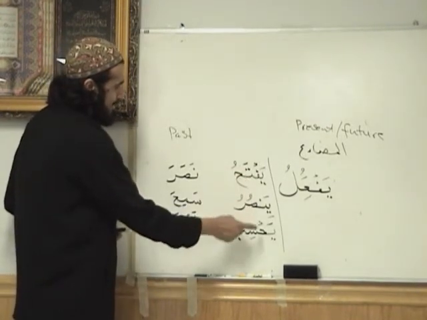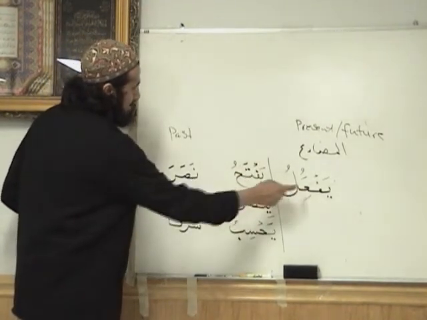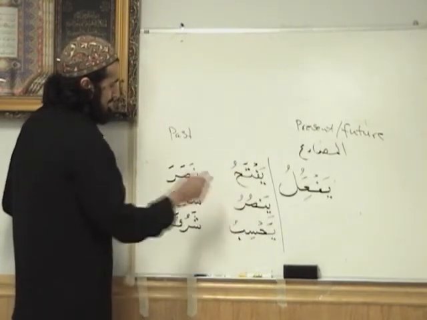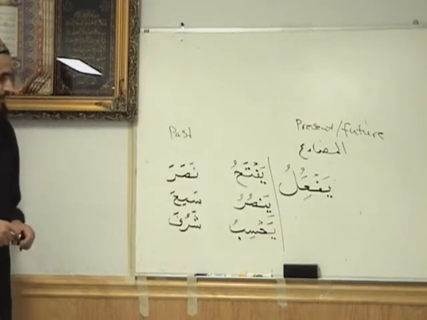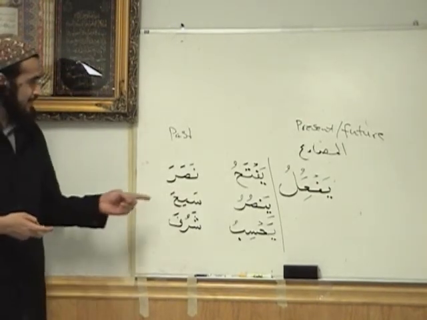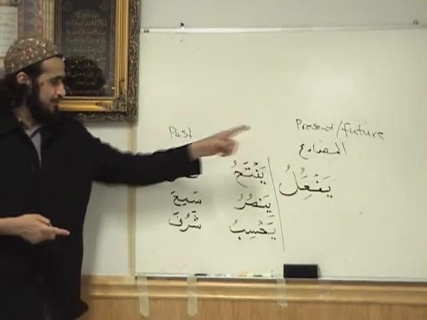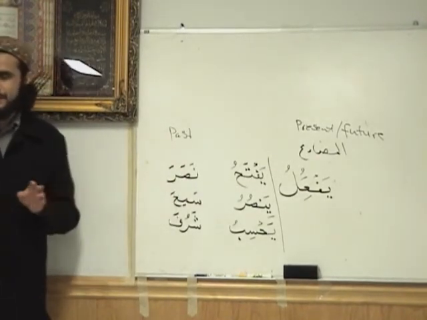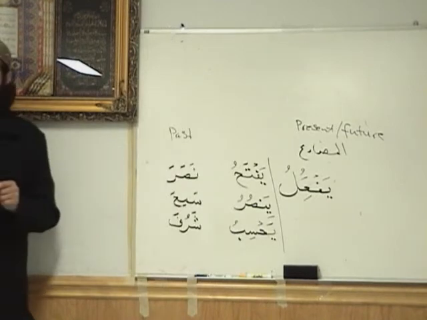This is ayn, this is ayn, this is ayn, because this is opposite the ayn here. So the ayn can have a fatha or a dhamma or a kasra. So the only thing that changes in both past and present-future is the middle one, the ayn. That's the only thing that changes the harakat from fatha to kasra to dhamma.